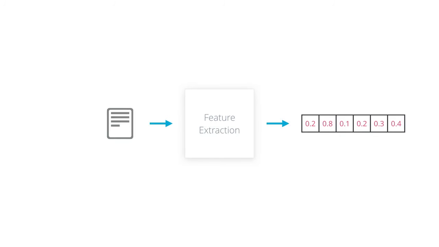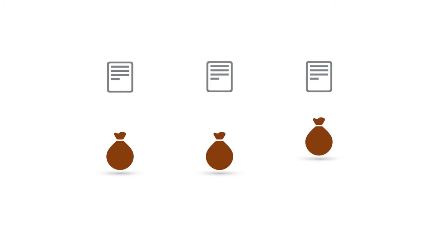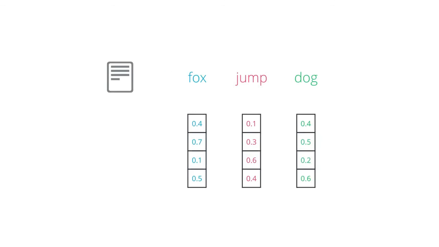Even then, you have to think about the end goal. If you're trying to perform a document-level task, such as spam detection or sentiment analysis, you may want to use a per-document representation, such as bag of words or doc2vec. If you want to work with individual words and phrases, such as for text generation or machine translation, you'll need a word-level representation, such as word2vec or GloVe.